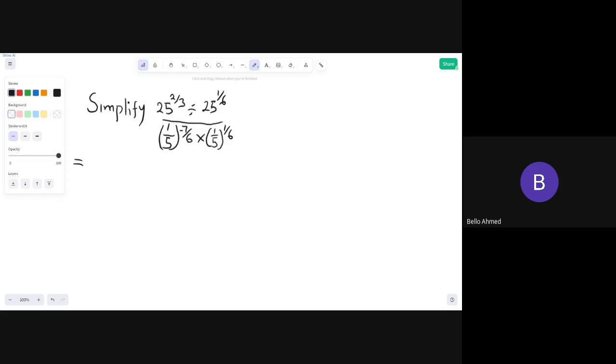Now, what should we do? Let's say we want to break down, because you know it's going to be 5 raised to the power of 2. So I'm going to write 5 raised to the power of 2. But you know that there's 2 over 3 as the power before, so you're going to put your bracket 2 over 3.